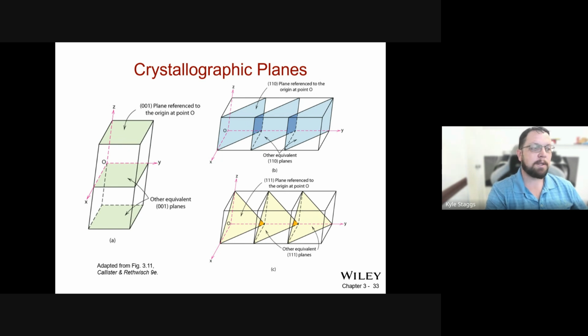So there are equivalent planes, and we had touched on this just toward the end last week, where everybody was sort of turning into mushy oatmeal at the end there. 001 is a reference plane. There are other equivalent planes.